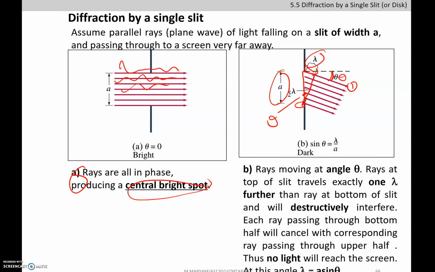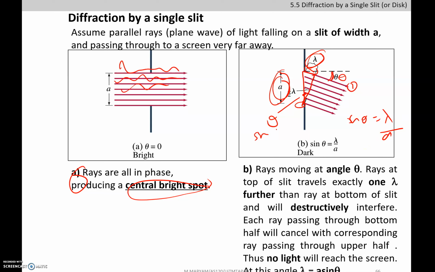So, like I mentioned just now, I want to find sine theta. Let's say this is my theta. If you work it out, you will get sine theta is equal to lambda over a. This is actually your equation for diffraction.